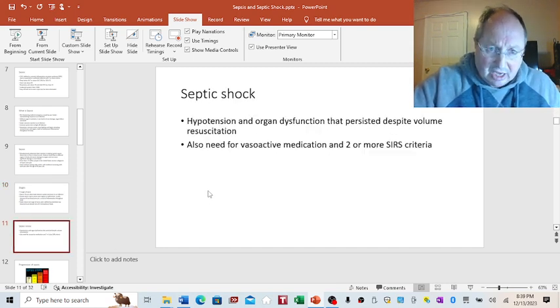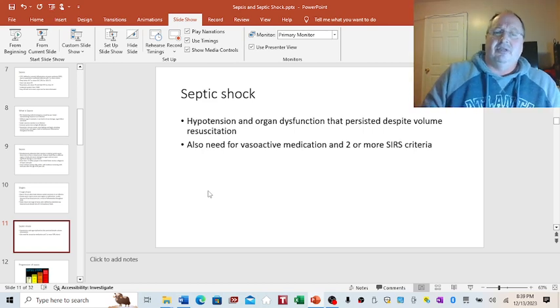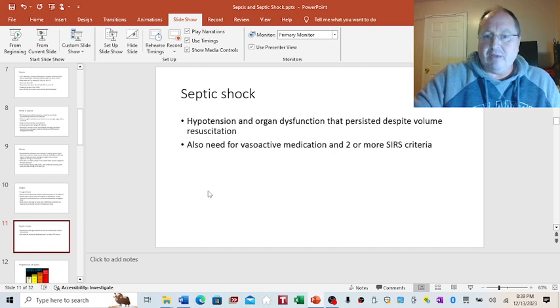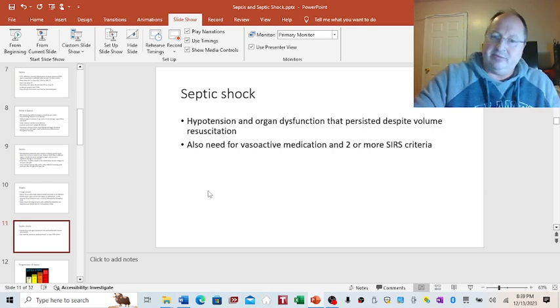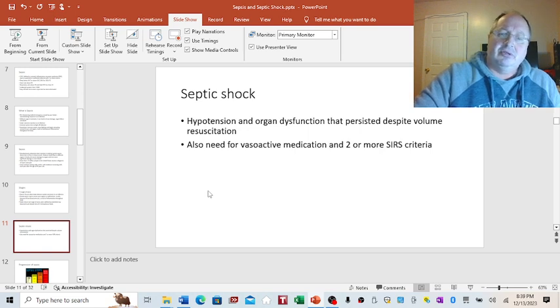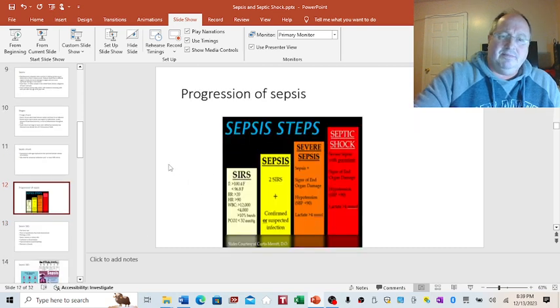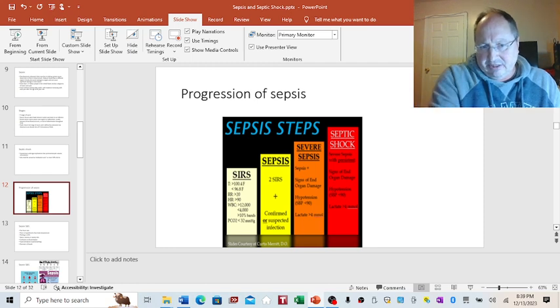So septic shock is the hypotension and organ dysfunction that persists despite volume resuscitation. And again, like I said, you may need to add these vasoconstrictors to help with that. Here's kind of the progression of sepsis. In this slide, you see the SIRS criteria, which is what I went over earlier.